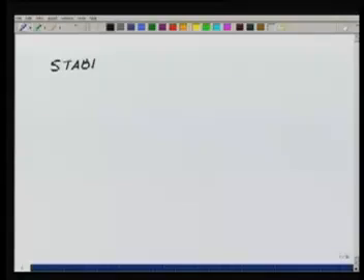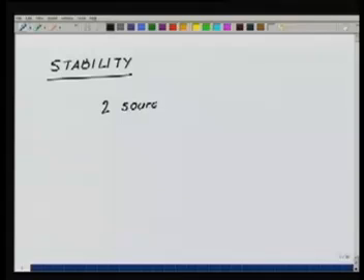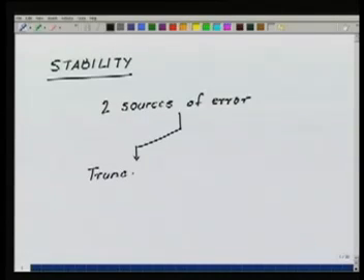The first definition is stability in the time sense. Here the time marching scheme is stable provided that you have the two sources of error: one is truncation and the other is round off.